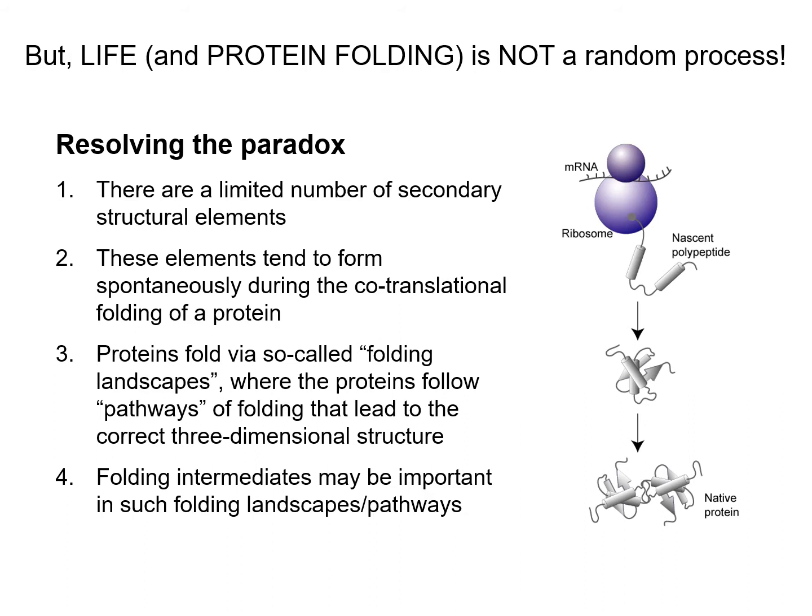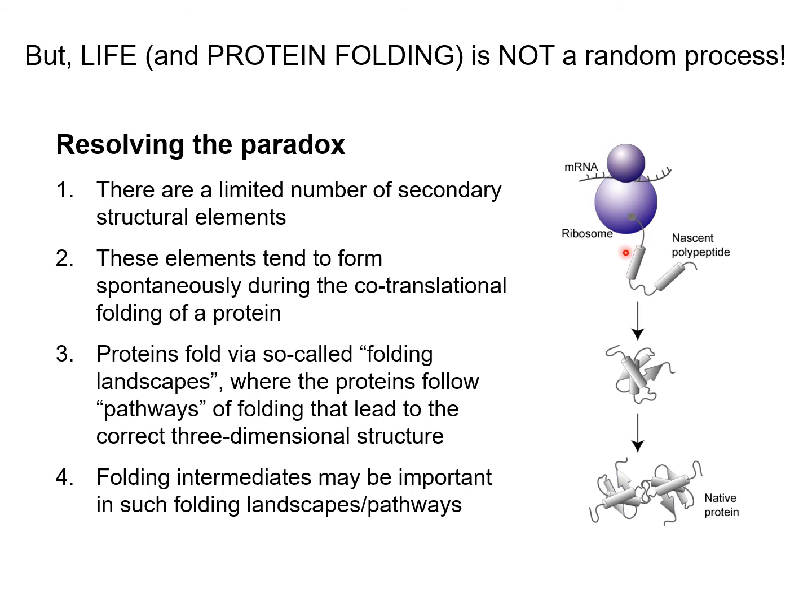The first one is that there are a limited number of secondary structure elements. So rather than all amino acid residues forming all different kinds of conformations, they can form either an alpha helix or a beta sheet or turns or loops and things like that. So they have some rules for their secondary structure.